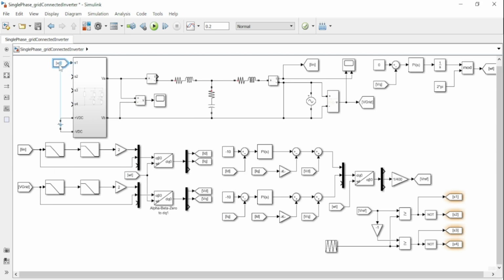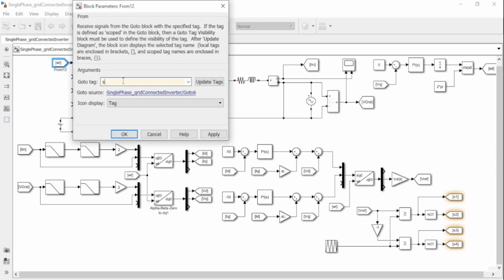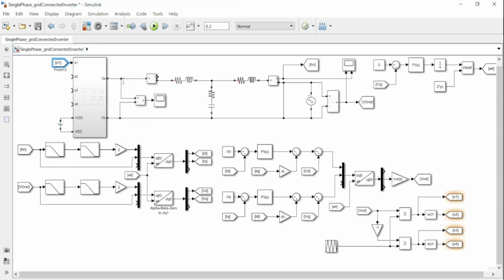We label the inverter switching signals as S1, S2, S3 and S4.